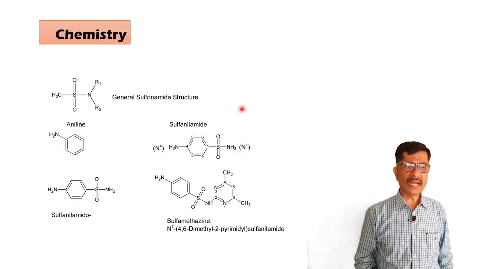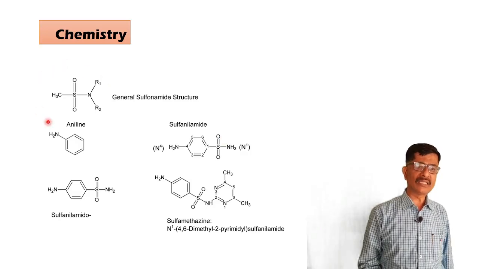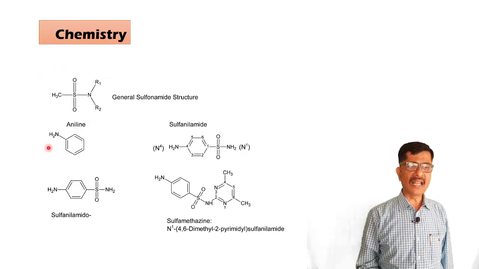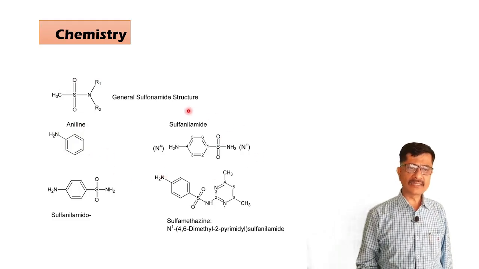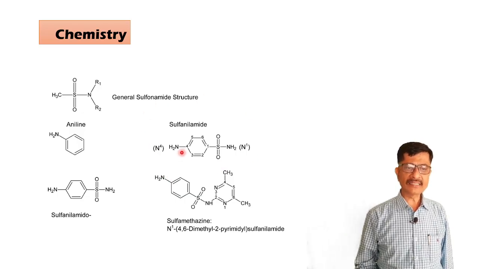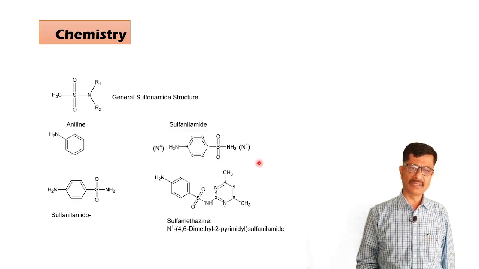Now look at the chemistry of sulfonamide. This is the general structure of sulfonamide. This is the aniline group, right? And look at this. This is sulfanilamide, that is para-aminobenzene sulfonamide. This compound contains two nitrogens.